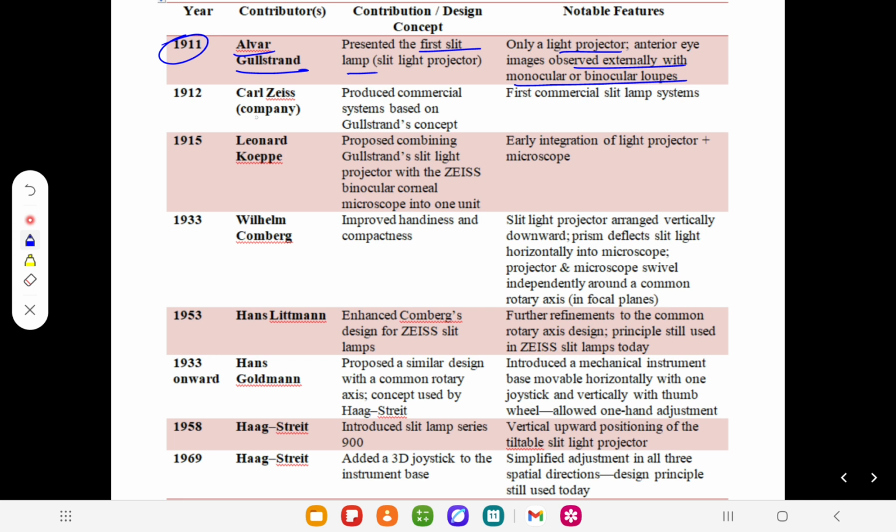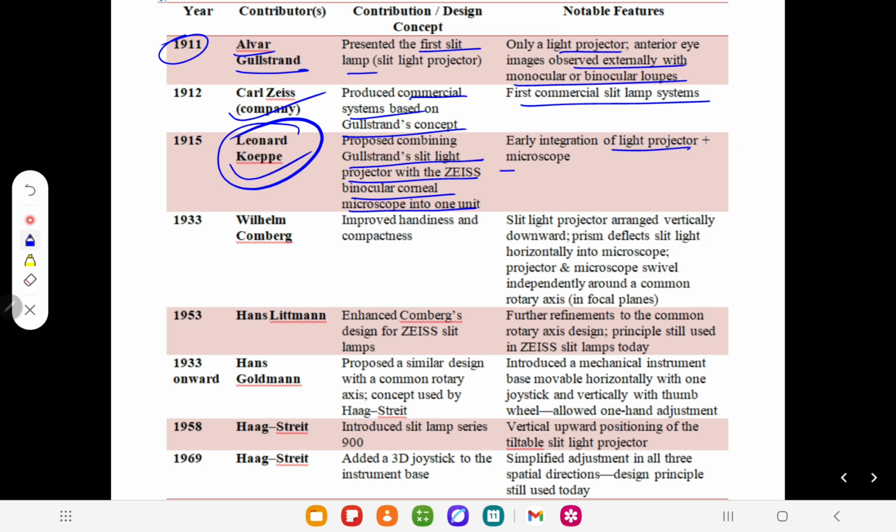The Gullstrand schematic eye. The Carl Zeiss company produced a commercial system based on the Gullstrand concept, so the first commercial slit lamp was made by Carl Zeiss. Then the name I think you know, Leonard Koeppe, proposed combining the Gullstrand slit lamp projector with a Zeiss binocular corneal microscope into one unit, the earliest integration of light projection and a microscope.